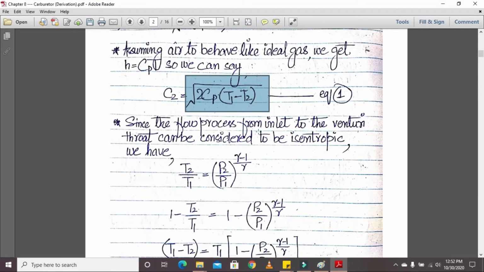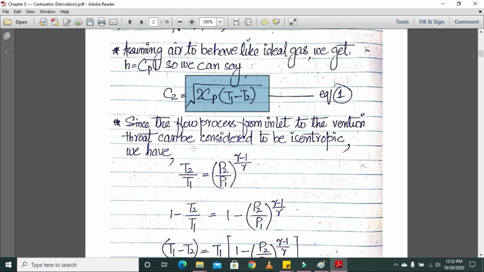Since the flow process from inlet to the Venturi throat can be considered an isentropic process, as you have studied last semester in thermodynamics, nozzles and diffusers are basically isentropic devices, and there will be no change in the entropy in the flow inside the nozzles and diffusers.